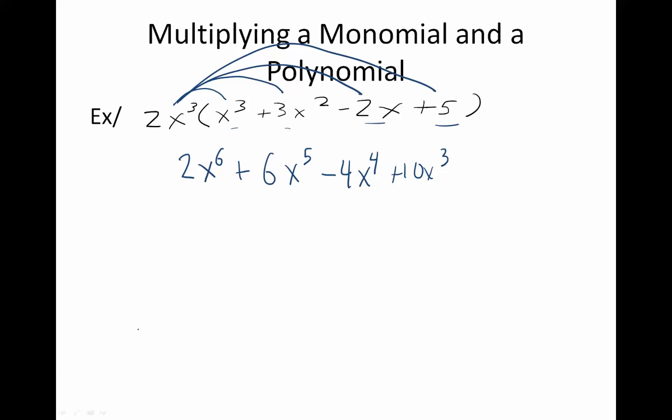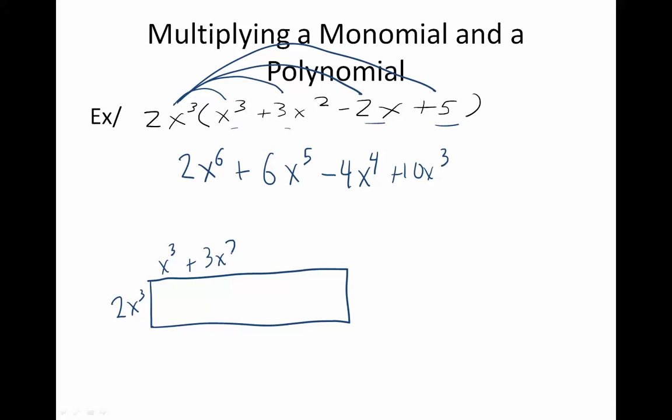But again, I want to show you this in terms of this area model that I was talking about, because it's going to really help us in some of our future problems in understanding those things. So I've got one side, 2x cubed, and then I've got 4 terms up here along the other side. And we've created an area in between.